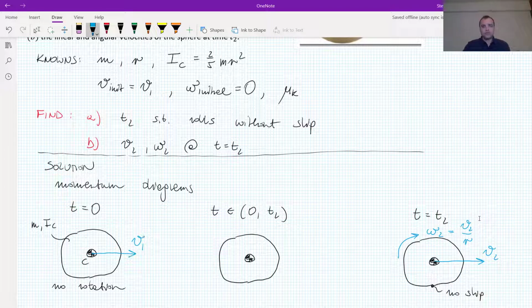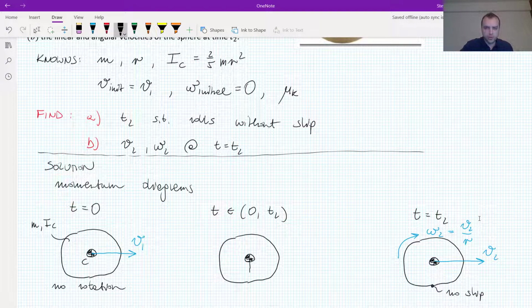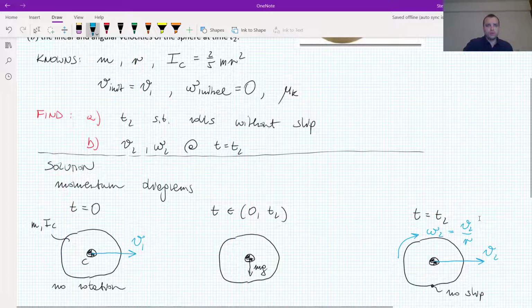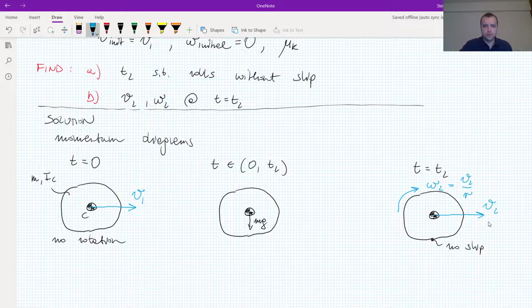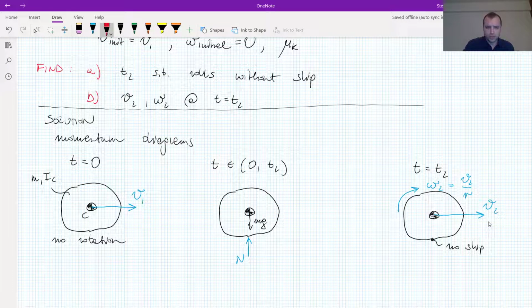And now our impulses. What forces act on our system? We definitely have mg in here. We also have normal force. And let's say that we have friction also acting this direction.